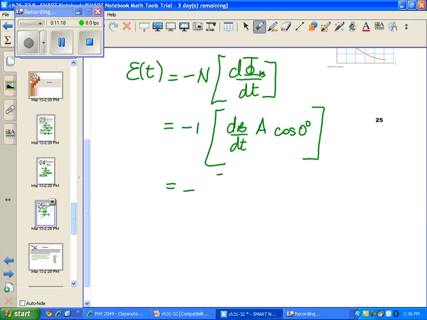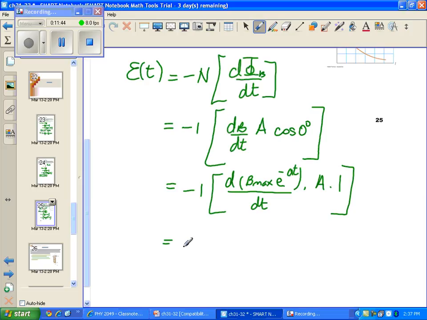So we've got minus 1 times the derivative of B max times e to the minus at with respect to t, times A times 1, because the cosine of 0 is 1.